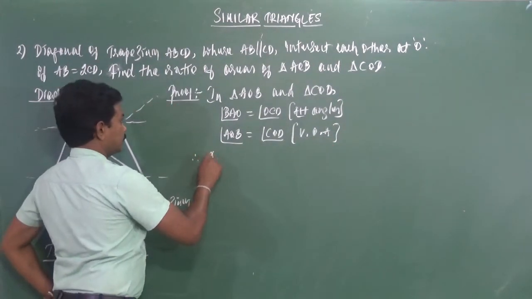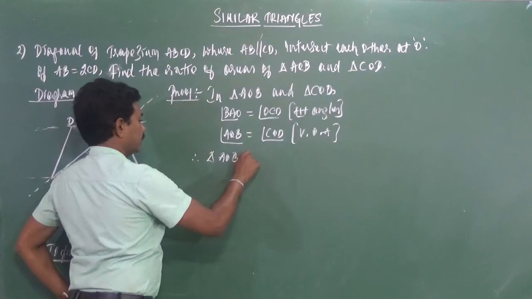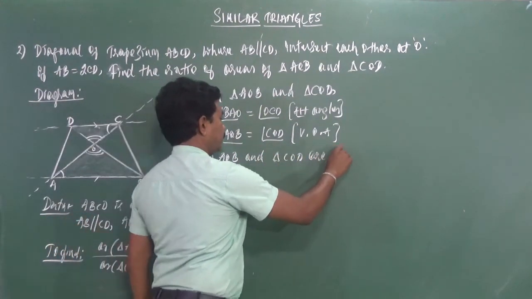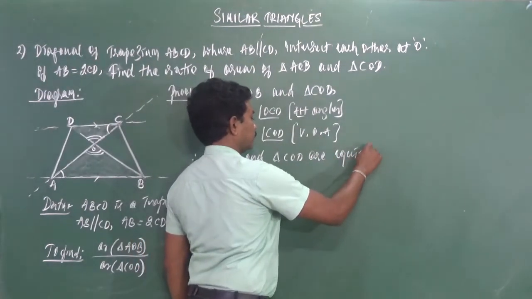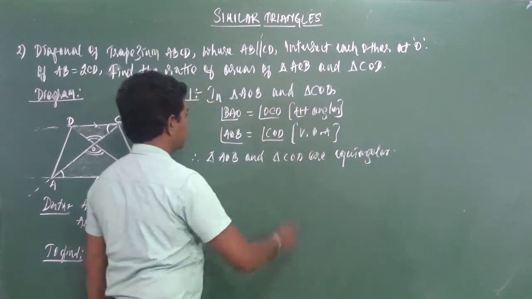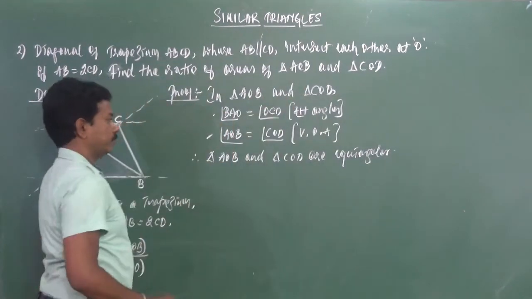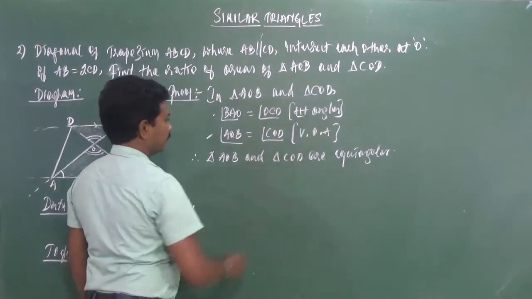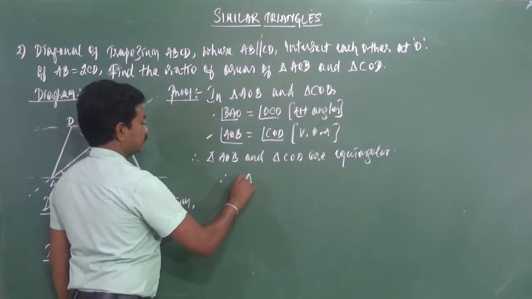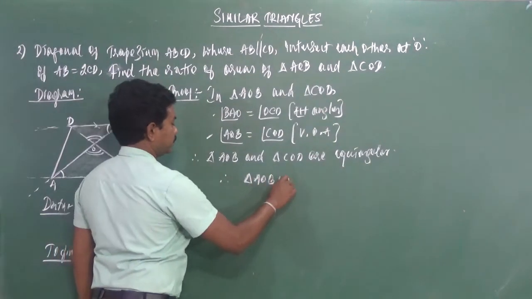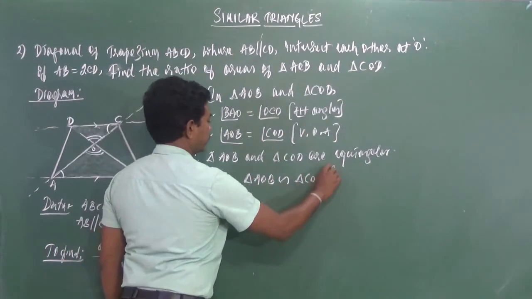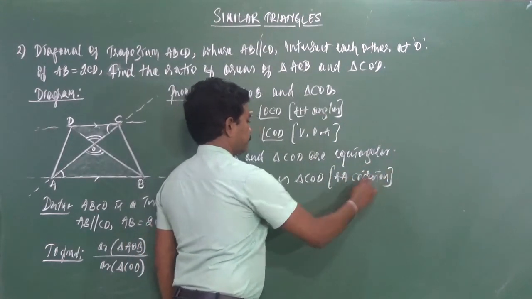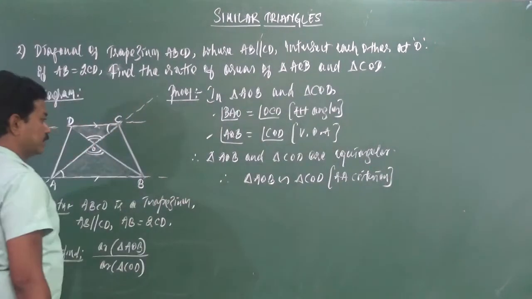Therefore triangle AOB and triangle COD are equiangular, since two pairs of corresponding angles are equal. If two triangles are equiangular, they are similar. That is, triangle AOB is similar to triangle COD, according to the AA criterion.